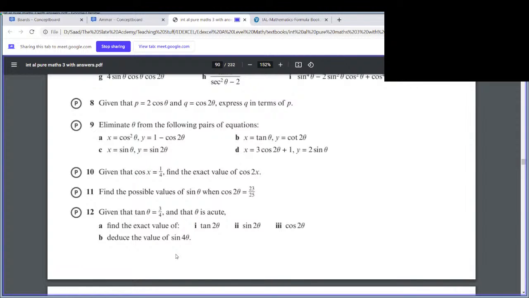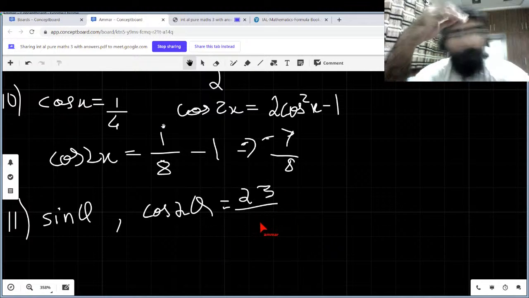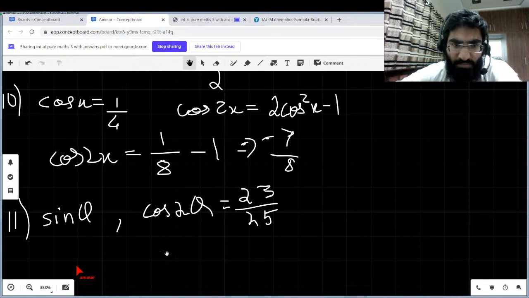11th, please. Find the possible values of sine theta when cos 2 theta is equal to 23 by 25.